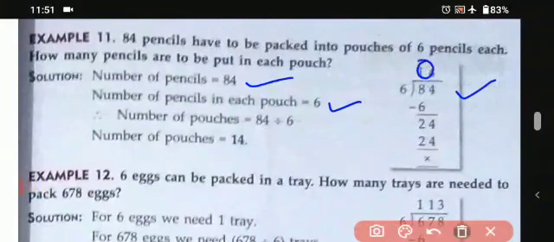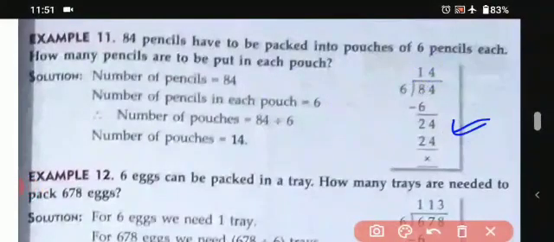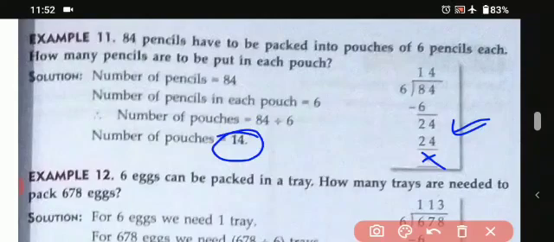Yes students, 24 does come. How many times? That is 4 times. 6 4s are 24. So we have written 24 here. So that means the remainder doesn't come over here. So that is nothing. So what is the answer? That is 14. So that means the number of bunches we will make is 14.